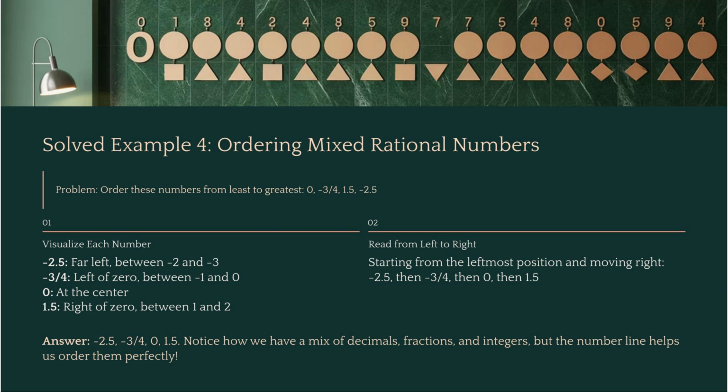If we convert the fraction to -0.75, it's easier to see the order. On the number line, -2.5 is the farthest left and 1.5 is the farthest right. So the order from least to greatest is -2.5, -3/4, 0, 1.5.